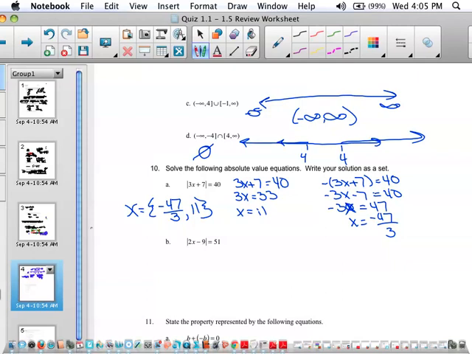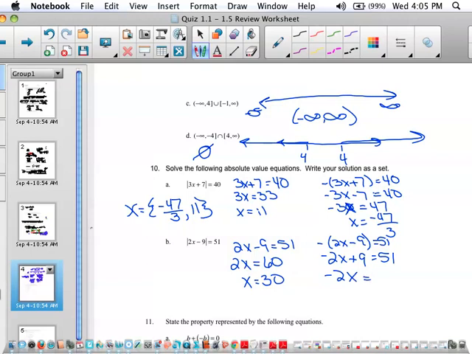Okay, the second one, I'm going to do the same thing. I have 2x minus 9 equals 51. And then the opposite of that, so minus 2x minus 9 equals 51. So 2x equals 60, so x equals 30. Minus 2x plus 9 equals 51.